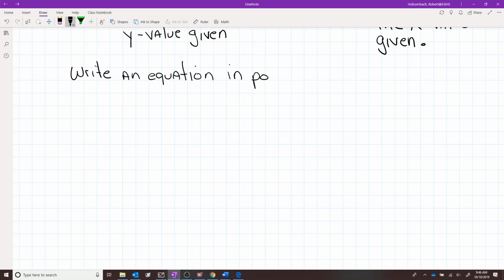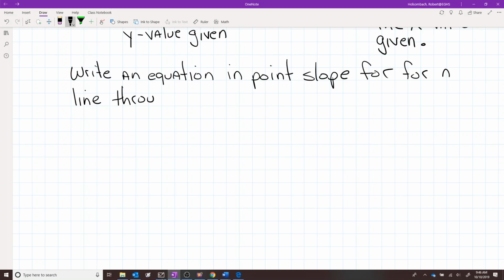In point-slope form, for a line through the given point with the given slope.